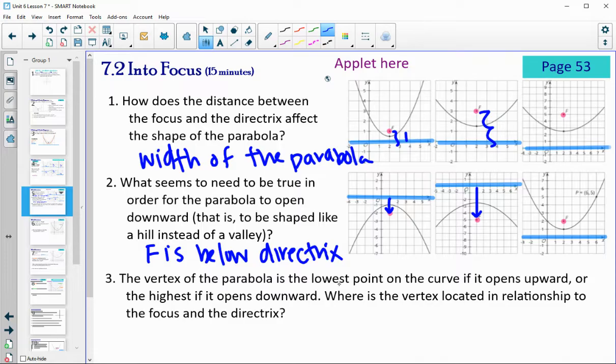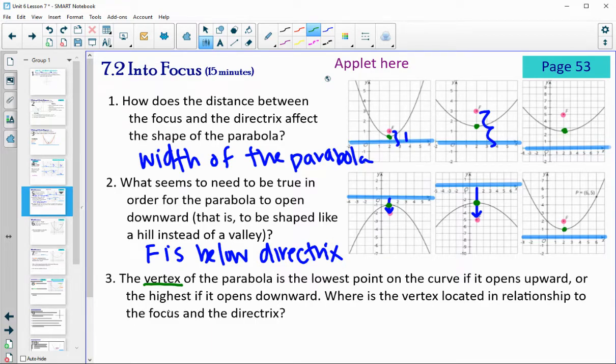The vertex of the parabola is the lowest point on the curve if the curve opens upward. Okay, so if we're talking about the vertex on the parabola, the vertex is here, that lowest point if the curve is opening up, and it's the highest point if the curve is opening down. So if we highlight the vertex on each of these curves, you can see it in your book.